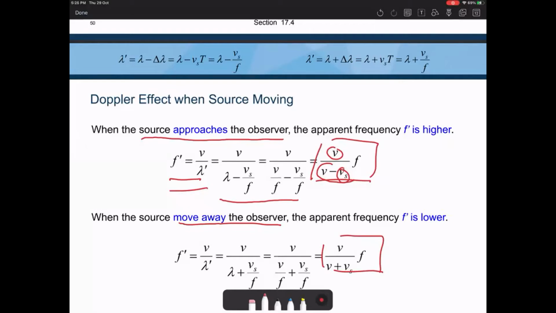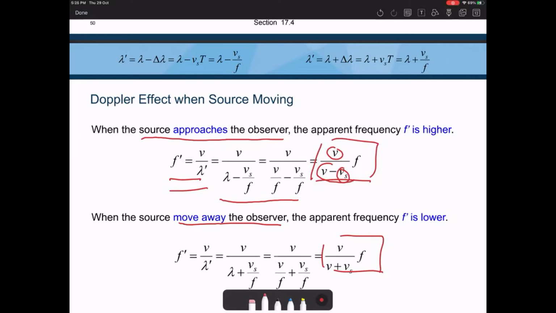Here the speed of the sound is V. What happens if Vs is larger than V? It seems that it would come to a negative frequency, and that is not physical. That would come to another topic later in the lecture notes called the shock wave, which we will discuss in the next lesson.